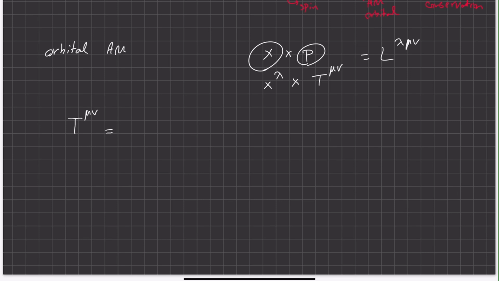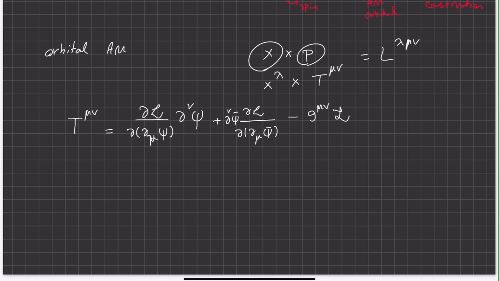It's about space and time translation, which is equal to the derivative of the Lagrangian with respect to the mu-th derivative of psi, times the nu-th derivative of psi, so that's the field deformation, plus a similar calculation for psi bar and the mu-th derivative of psi bar on that side, because psi bar is a dual vector of psi, minus g mu nu times the Lagrangian.